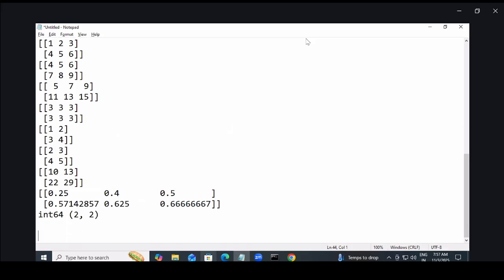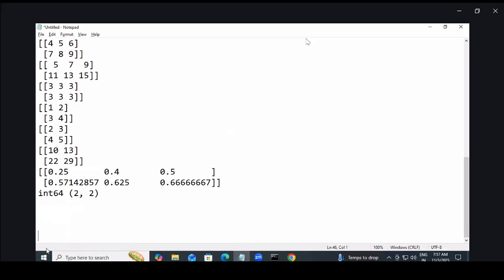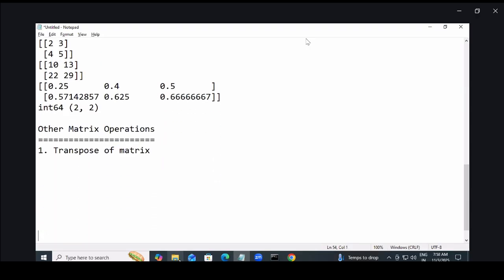So these are other matrix operations. In other matrix operations, the first one is transpose.